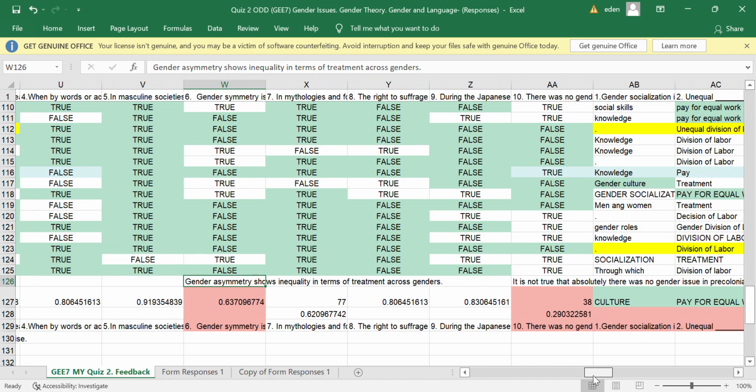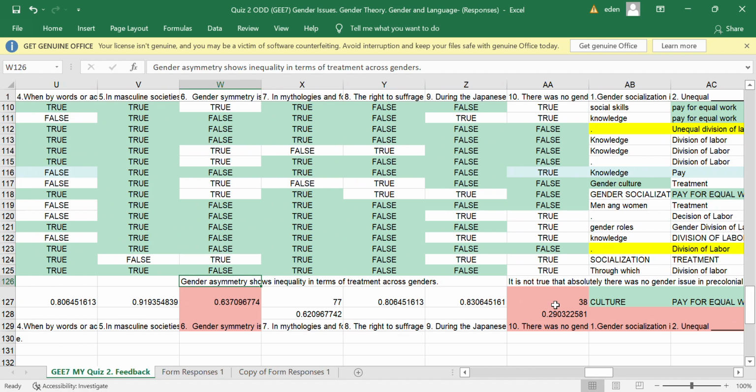And the last item in the true or false subtest was number 10, wherein only 38% got the answer correctly. Okay, which is 29% of the total number of students who took the quiz. It is not absolutely true that there was no gender relations during the pre-colonial society.